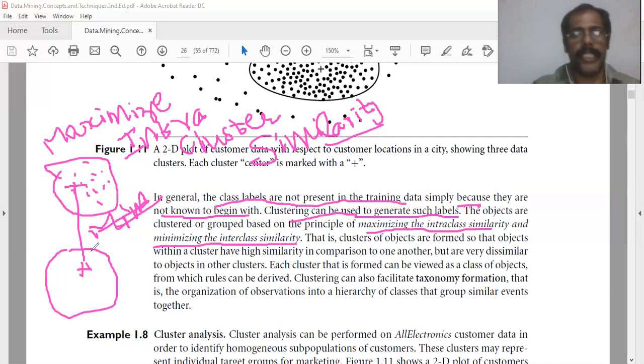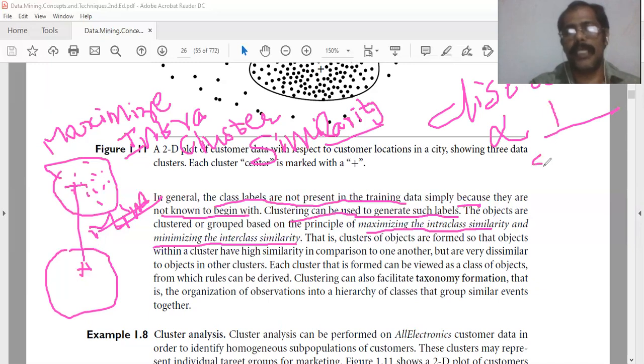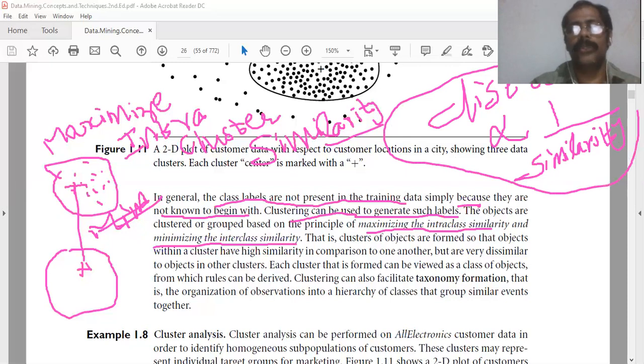Note one point: distance is inversely proportional to similarity. This is an important point.